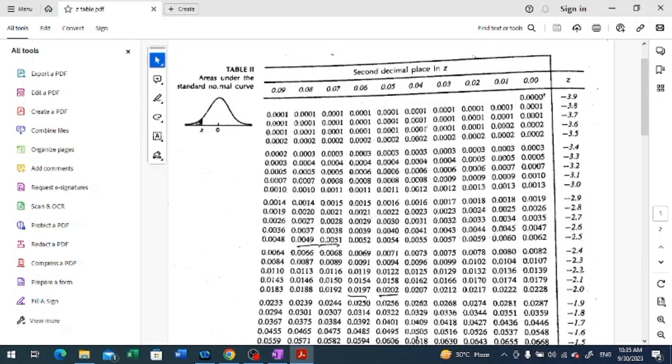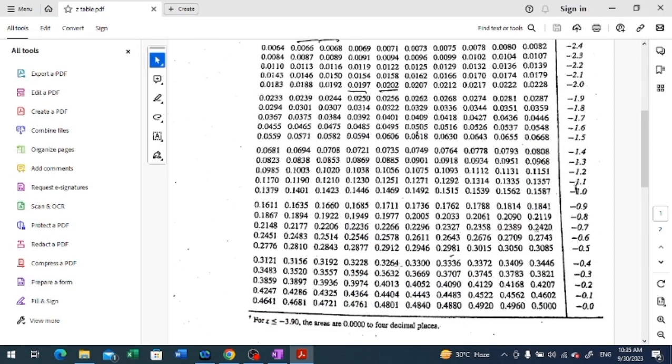Let's take, if we would like to locate minus 2.45 as a z value and the probability corresponding to it, we need to move across the row of minus 2.4, and the fifth column. So minus 2.45 would give us the probability of 0.0071.